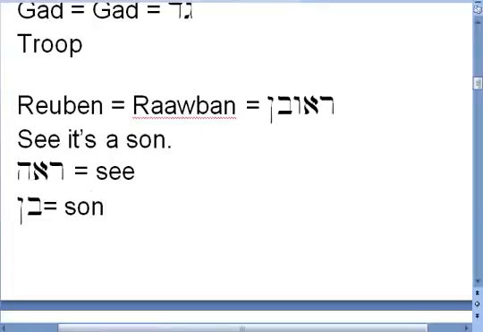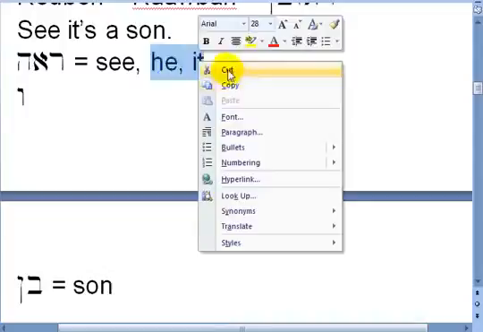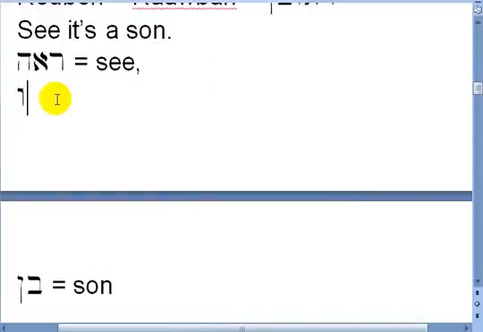Alright, and then the wa that was there, that you saw there, let me just bring that back up. Okay, that was my fault. I already had it written down, my bad. It's separated. The wa basically is he or it. Alright, let me just cut this right here, bring it down here.